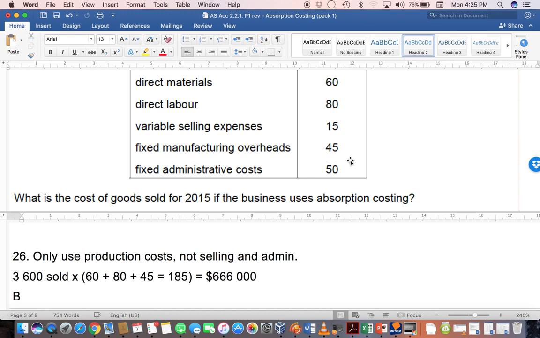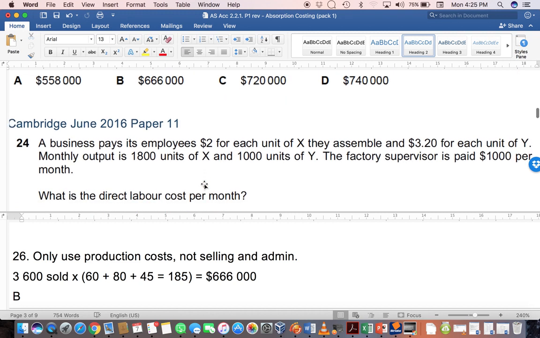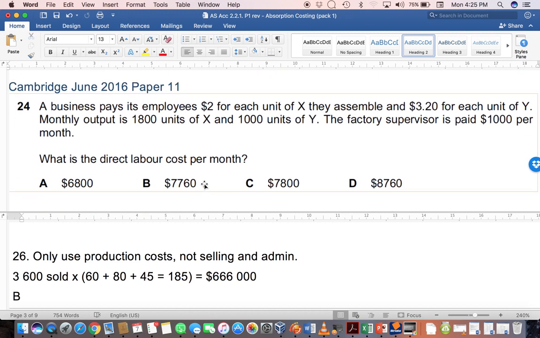Remember that there were more units that were produced, but they are sitting on hand somewhere, and so the manufacturing overhead cost per unit for those has been taken into account in your closing inventory. So you only need to worry about the 3,600 sold times the total of $185 per unit absorption cost gives you a total of $666,000 as your cost of sales for this period. So you would select B.